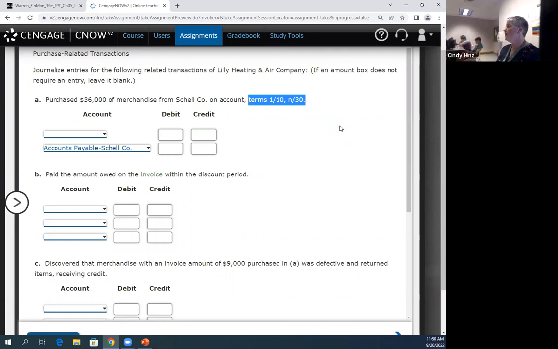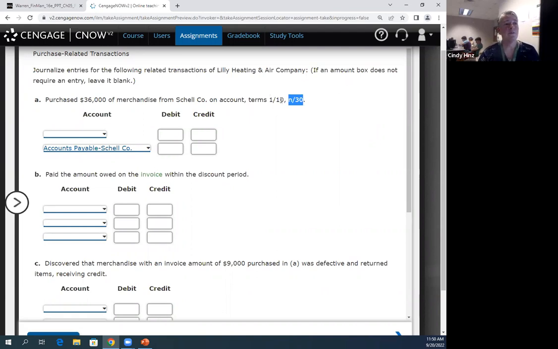How long will you give us to pay for it? And Shell Company tells us, we will give you 30 days to pay the whole invoice. That's what the net 30 means. We'll give you 30 days from the day of the invoice.